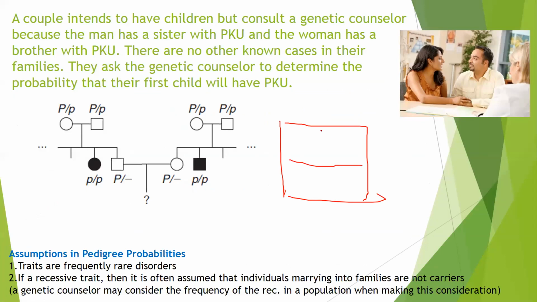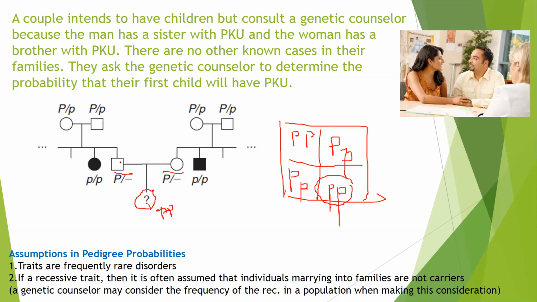And this is the genotype, big P, and this is big P, small p, and small p, small p, and small p. Okay, so we want to calculate the chance this man and this woman will have a first child with the disease, which is small p and small p, right? So 1/4 is here.